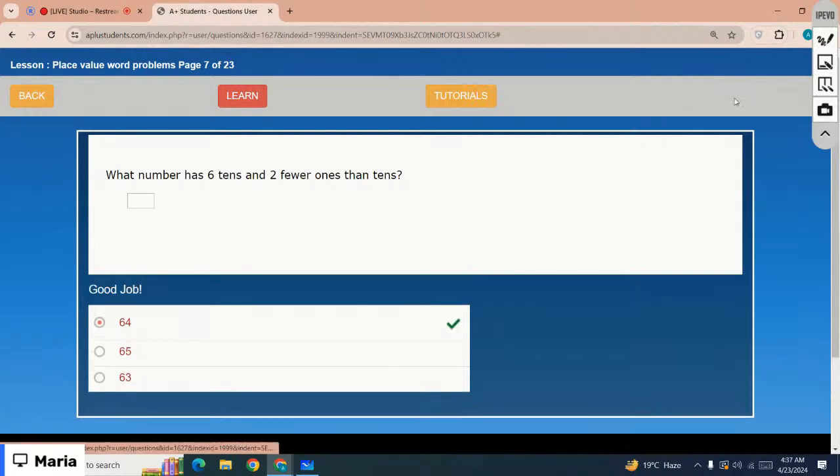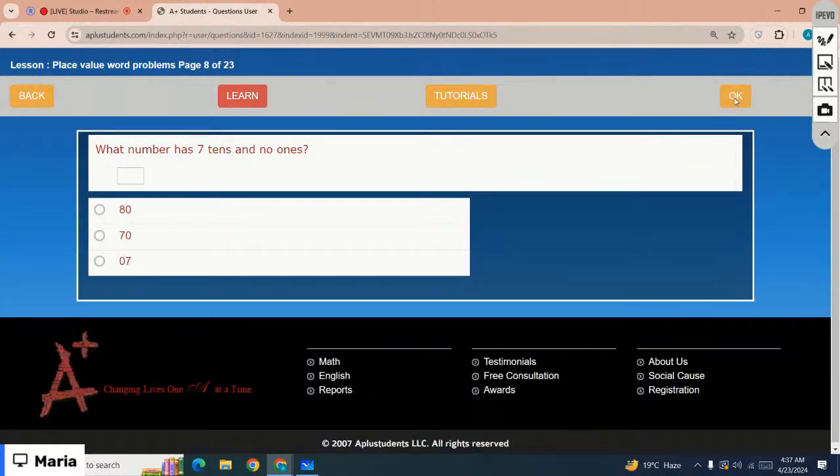Option number 1 is the correct option. Seven tens and no ones, that means 70 it is.